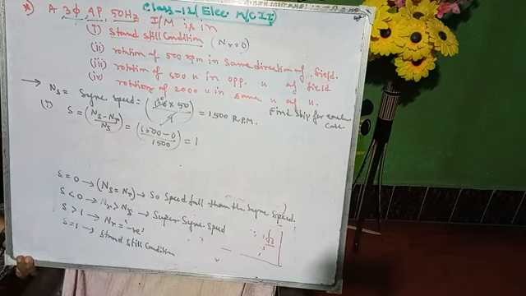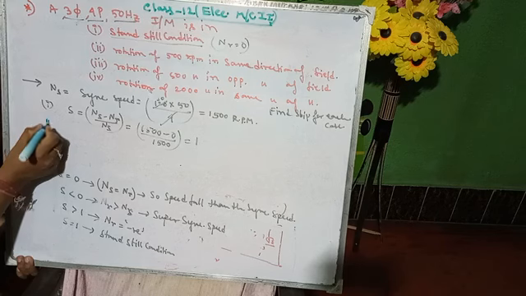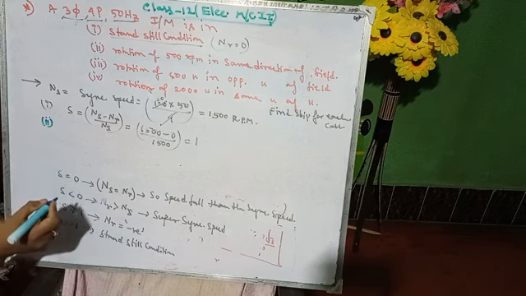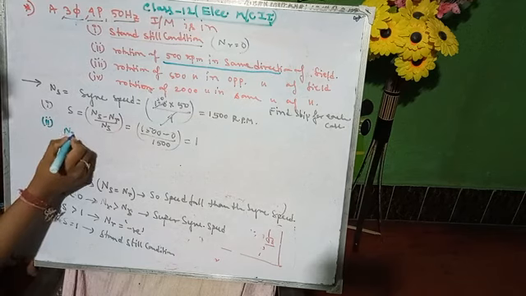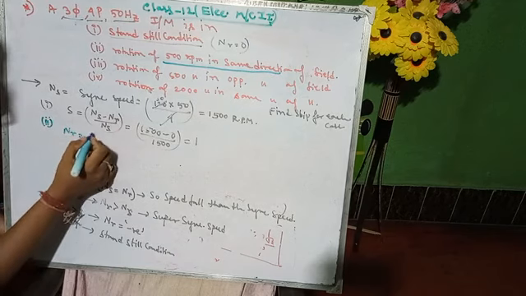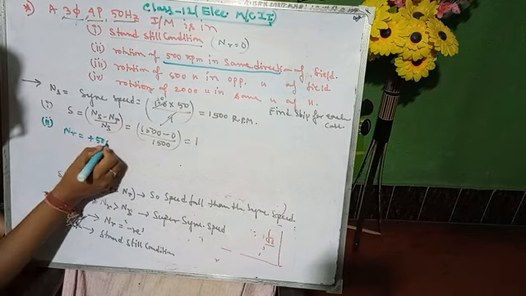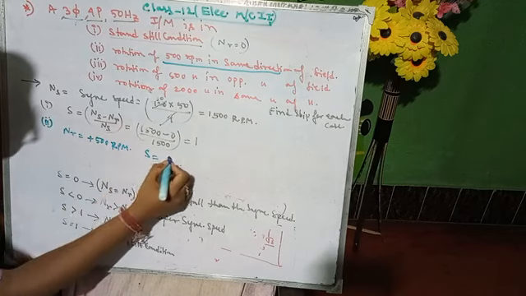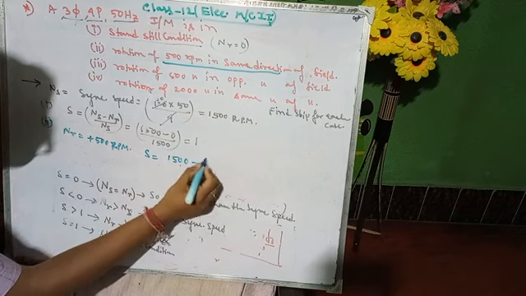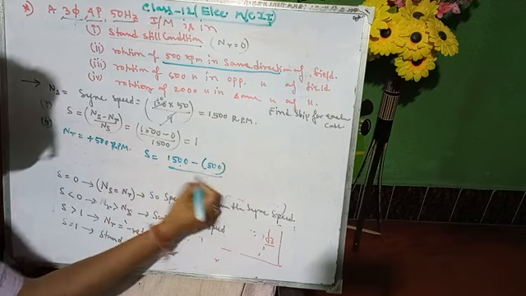So for the second case, rotation of 500 rpm in the same direction, that is nr equals plus 500 rpm. So slip equals 1500 minus 500 by 1500.